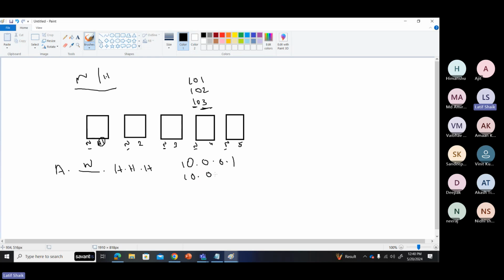Second system, 10.0.0.2. Third system, 10.0.0.3, 10.0.2.4, and another system 10.1.3.6. No problem. Why? Because the network portion is the same. Only important is whether all these systems have the same network ID or not. Remaining is host IDs.